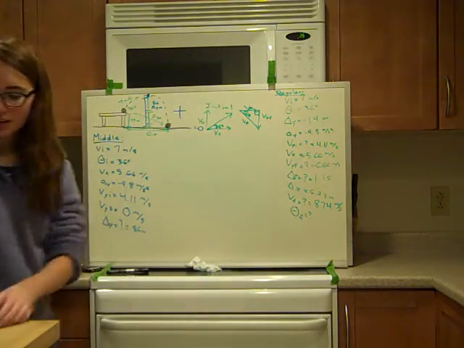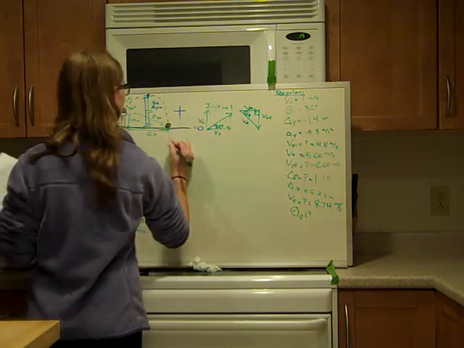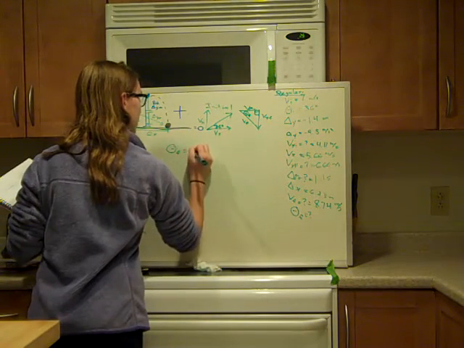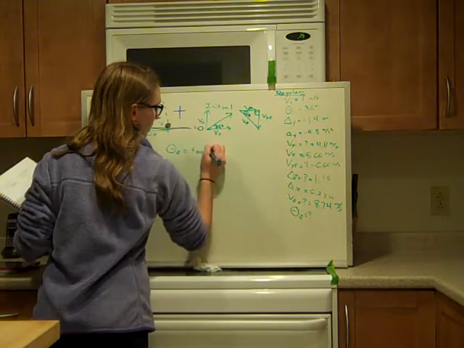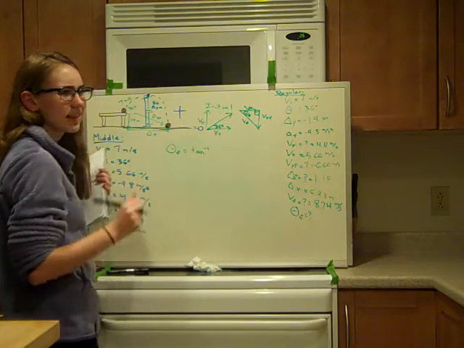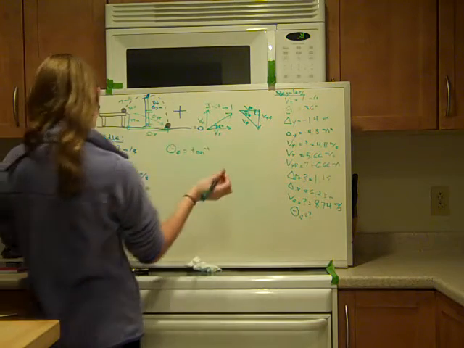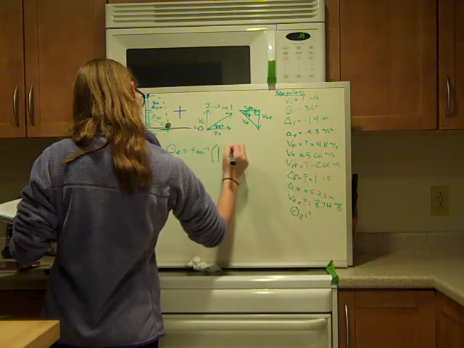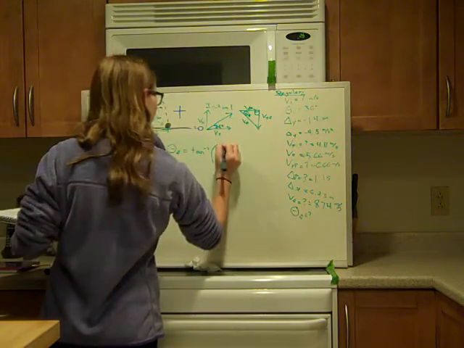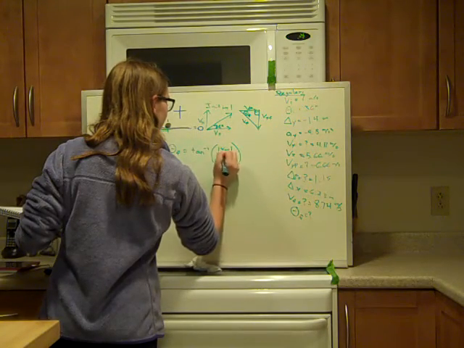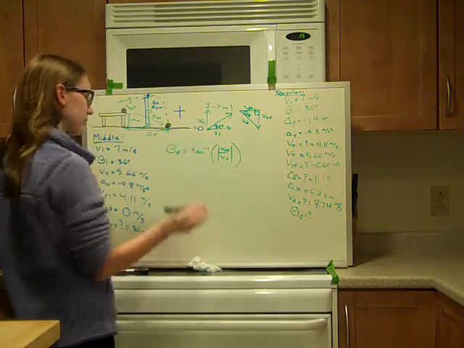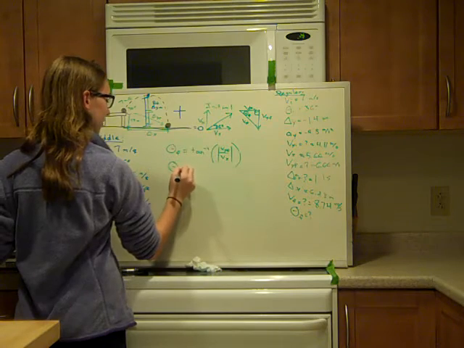To find theta final, you need to do theta final is equivalent to inverse tangent, so it's the button on your calculator. You go to second, I think it is, then tangent, and you'll get inverse tangent, times the absolute value of Vyf divided by Vx. So then we're just going to solve this out.